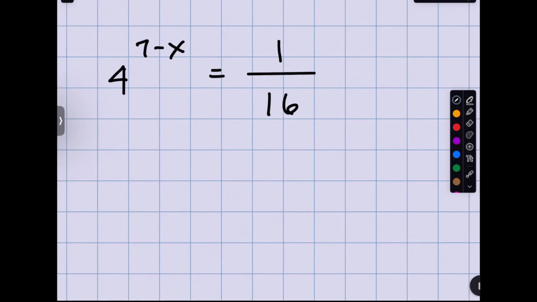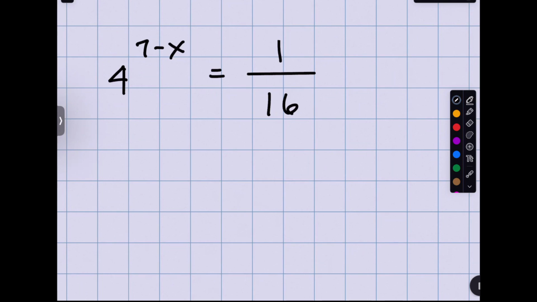So you want to get x by itself, correct? That's a 4 squared, because that's 16, right?